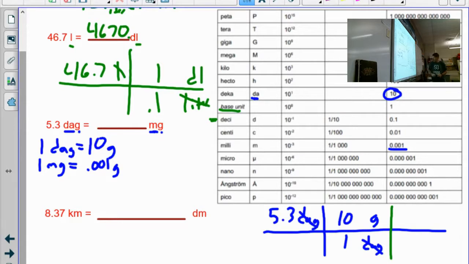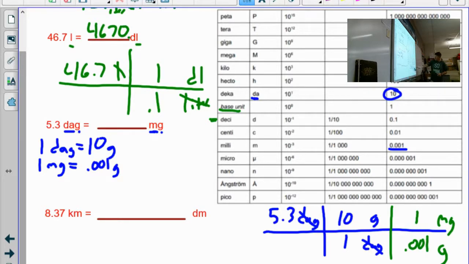Then I'm going to draw my next little track here. I want to get rid of grams, so that's going to go on the bottom, and I want to get to milligrams, that's going to go on the top. Then I'm going to take my numbers, my 1 milligram, so the 1 goes up here, and then the 0.001 goes on the bottom.